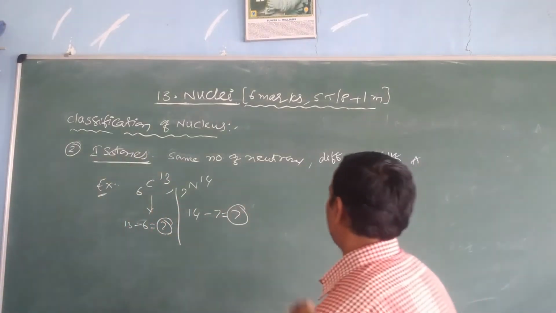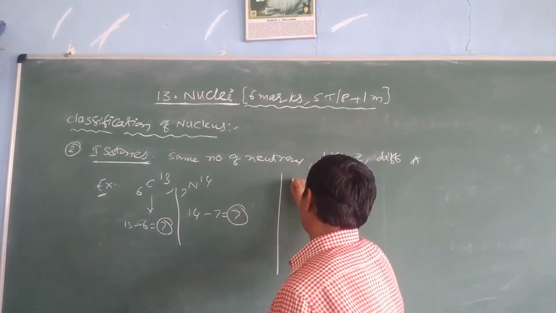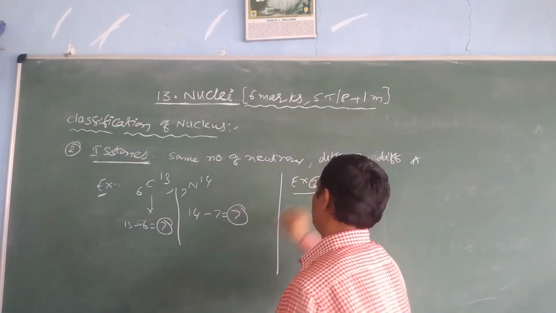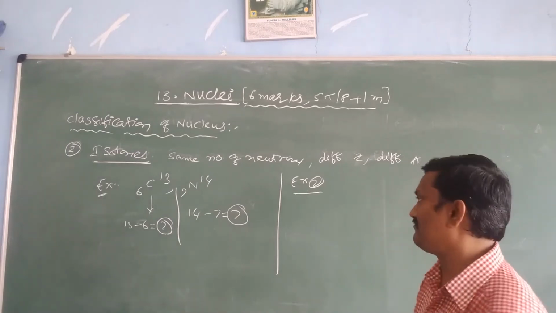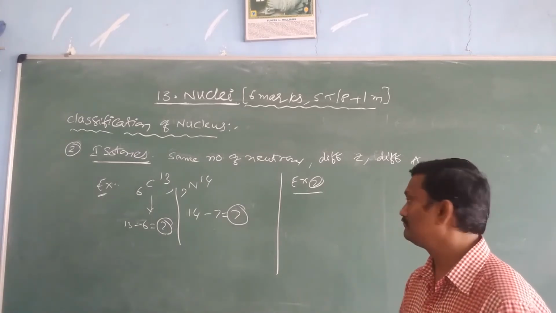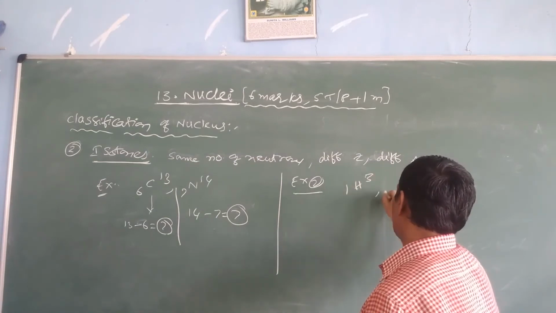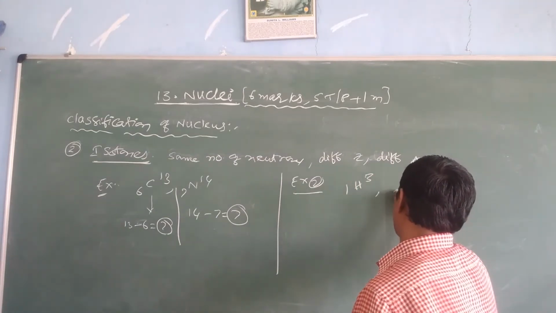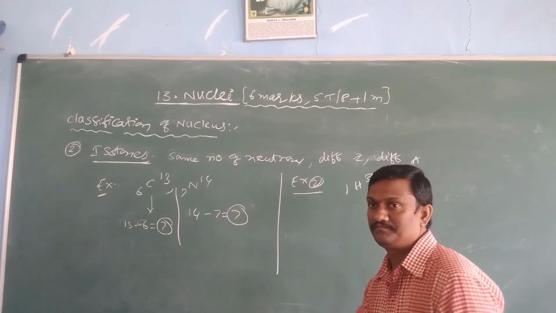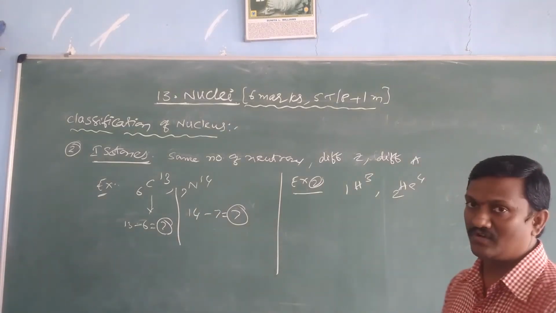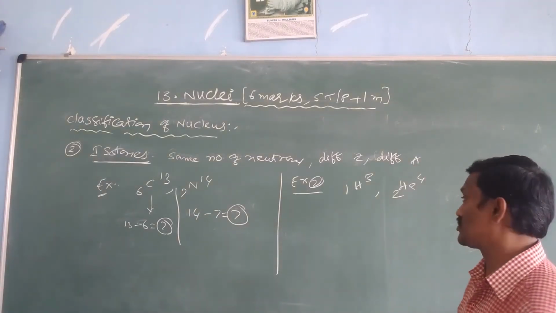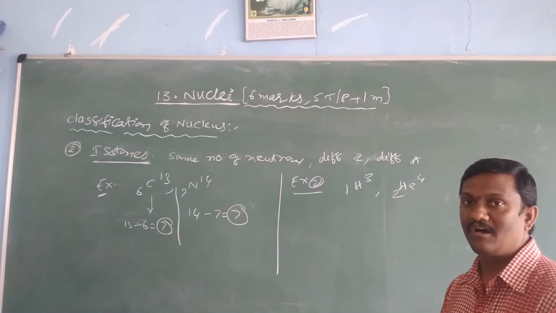Next, one more example of isotones: 1H3 and helium-2,4. These two are also called isotones. How? Once again, check.